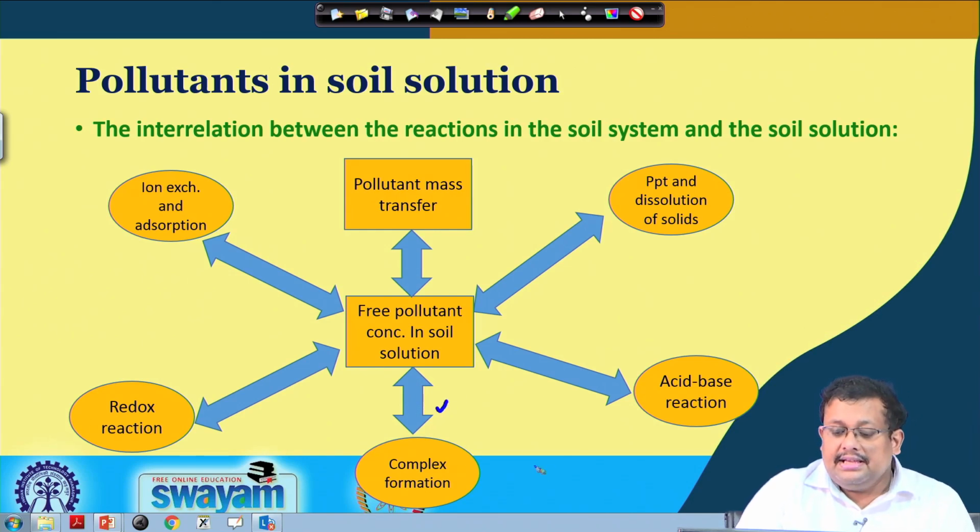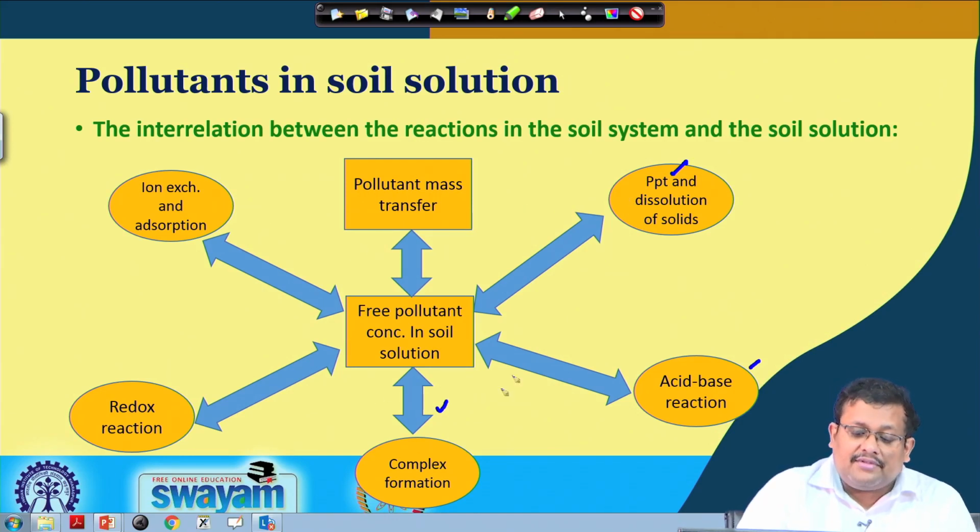Apart from that, it can also take part in acid base reaction, and this reaction is basically a both way reaction. So, from here also they can go to free pollutant pool in the soil solution. Further, this free pollutant concentration in soil solution can produce the precipitation and also dissolution of the solids, and this is also a both way reaction.